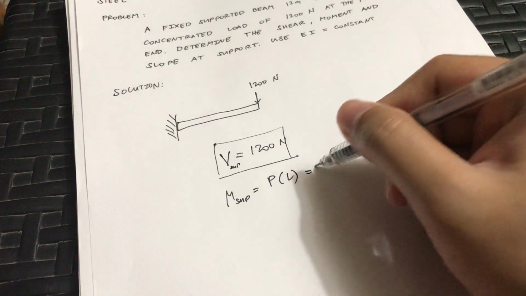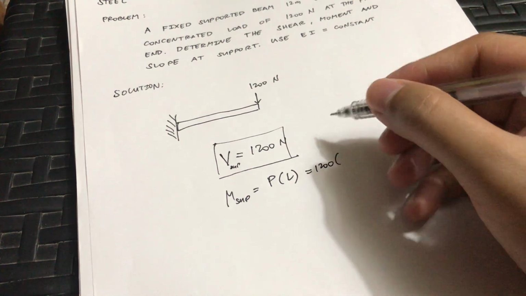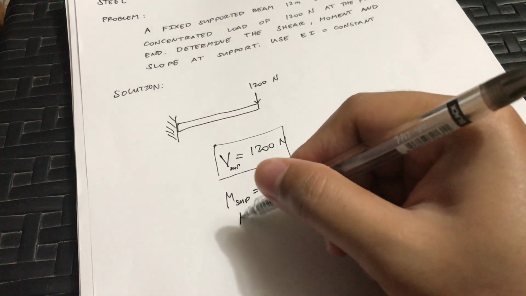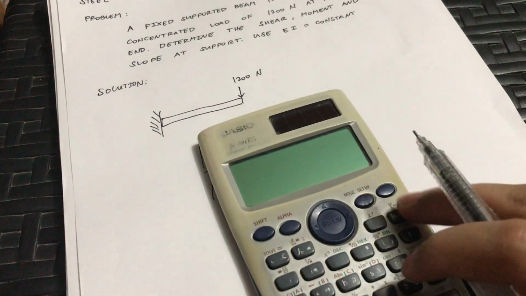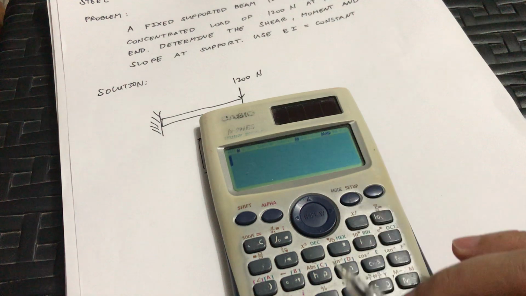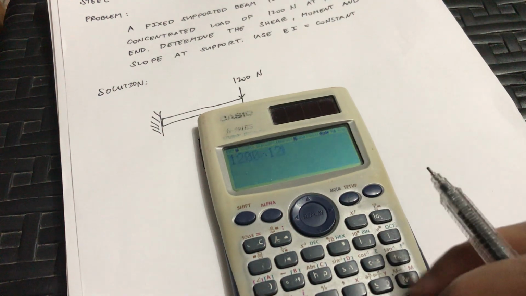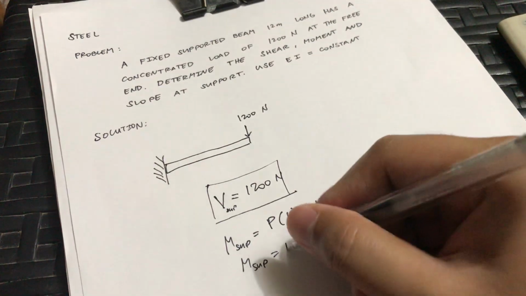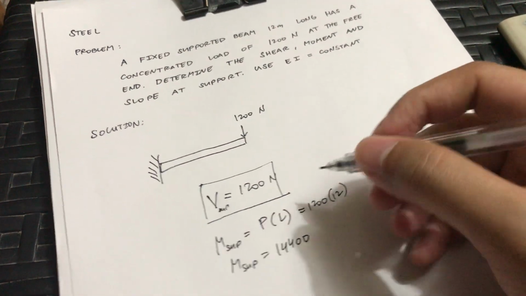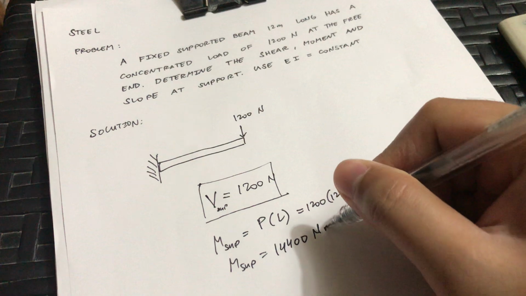So this is now 1,200 times 12. So the moment at the support is 1,200 times 12, 14,400. So this is 14,400 Newton meter.